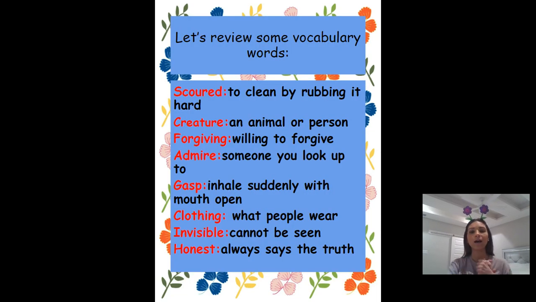Because we're going to have a little test on vocabulary words, we're going to review them. Let's review scoured. Everybody say scoured. Scoured means to clean by rubbing it hard. Creature means an animal or a person.